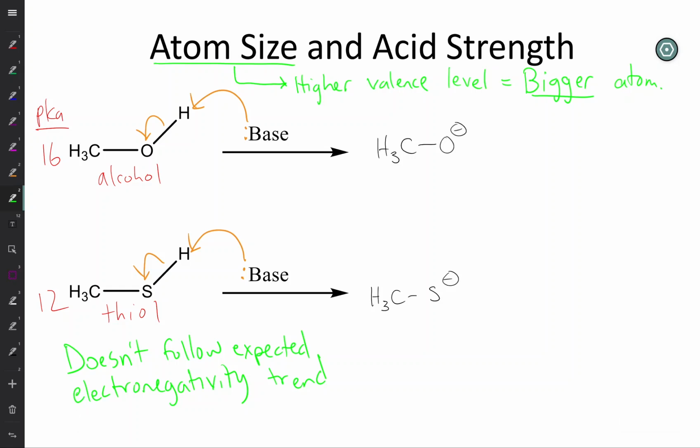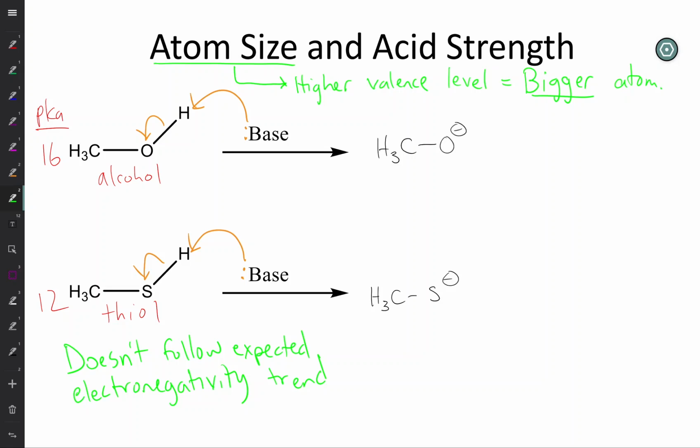So why would the size of the atom matter? Well, think about hydrogen. How big is a hydrogen atom? So tiny. So when you think about bigger atoms trying to bond with hydrogen, this is where I always go to the analogy of trying to hold a baby's hand.